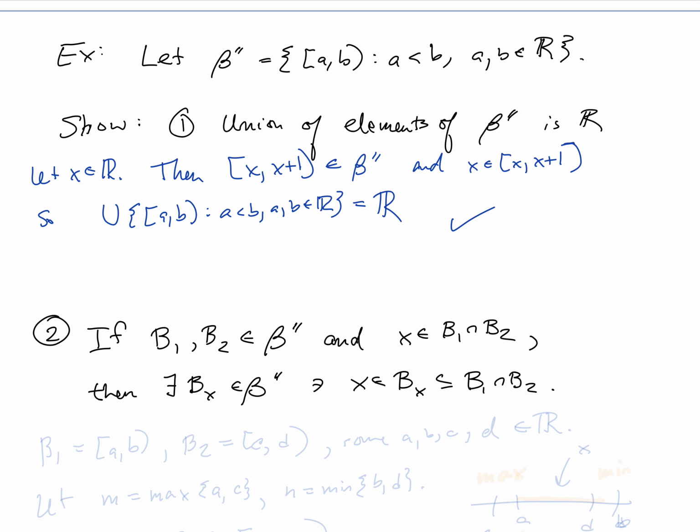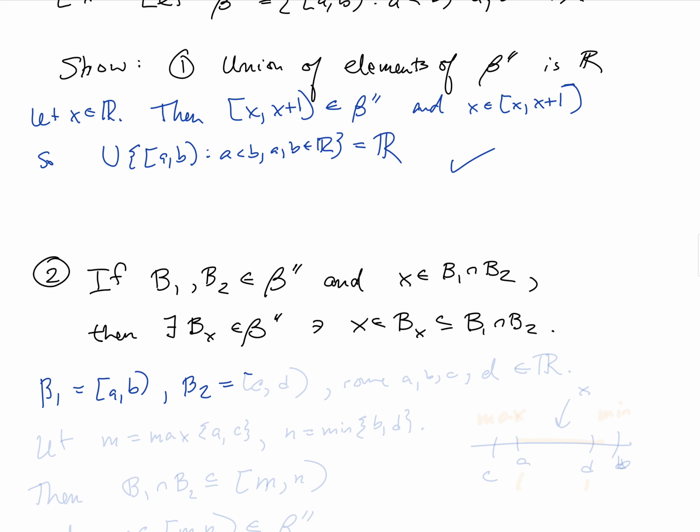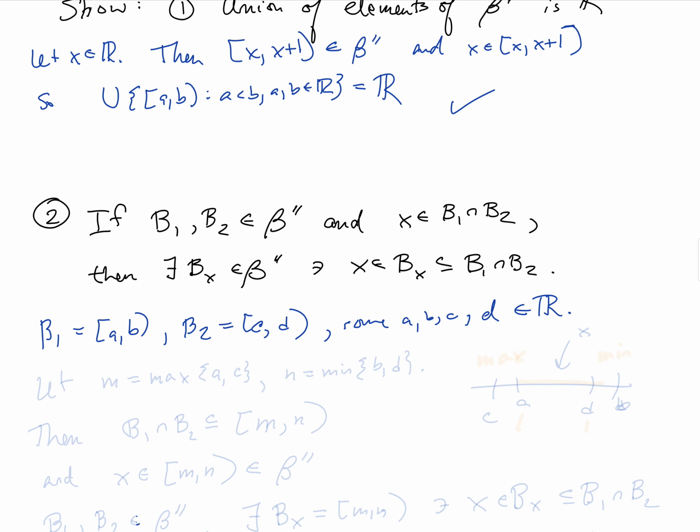Now, let's suppose that B1 and B2 are elements of beta double prime, and X is an element of their intersection. By definition of beta double prime, B1 is equal to [A, B), and B2 is equal to [C, D) for some A, B, C, and D in the real numbers.